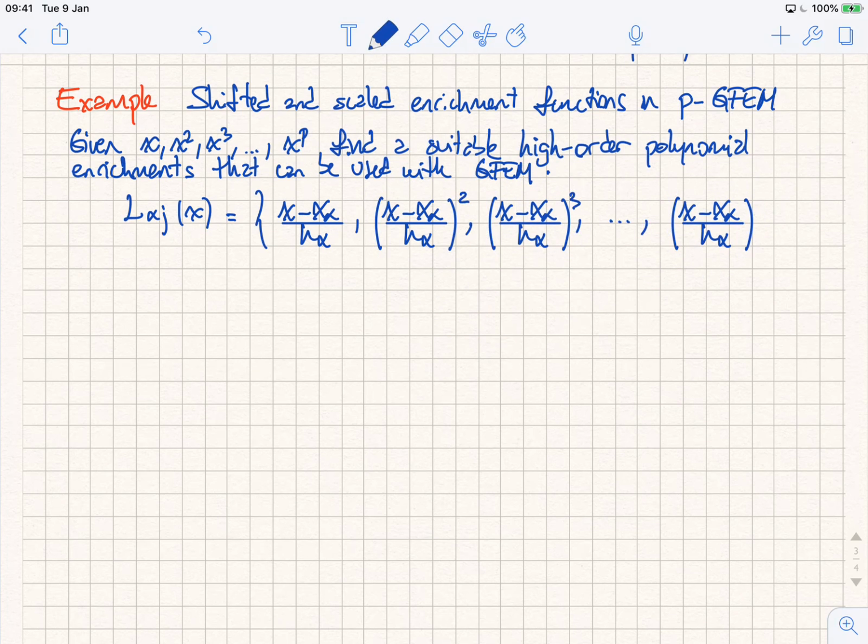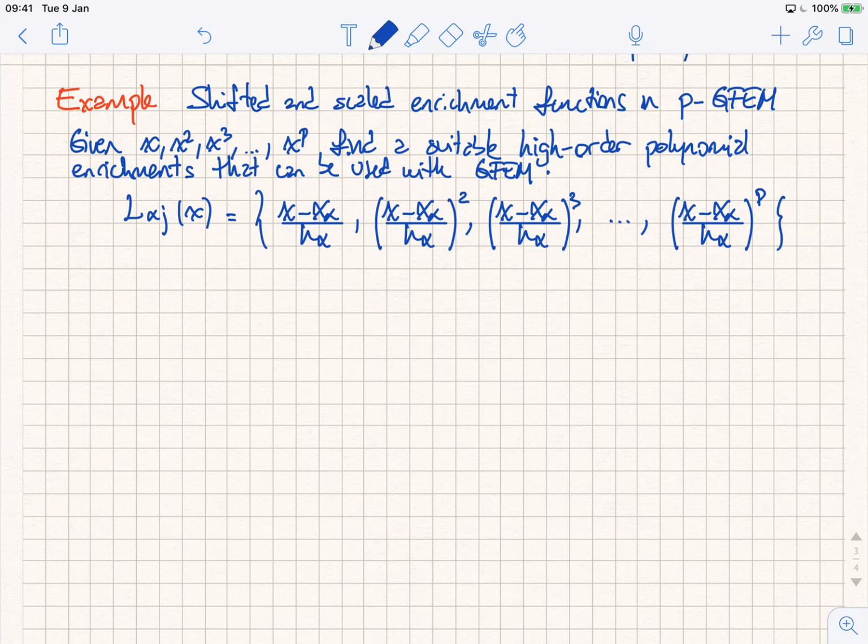Okay, so what you have seen is that if you take, let's say, the value of alpha equals 1, then I'm going to have x minus x1 divided by h1, x minus x1 divided by h1 squared, and so on.